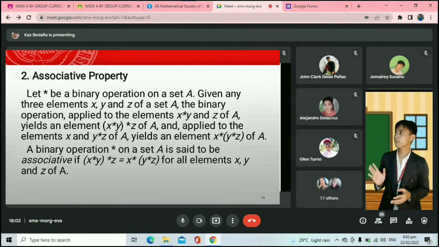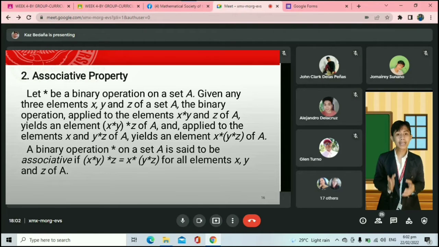Let asterisk be a binary operation on a set A. Given any three elements x, y, and z of set A, the binary operation applied to the elements x asterisk y and z yields (x asterisk y) asterisk z, and applied to the elements x and y asterisk z yields x asterisk (y asterisk z).